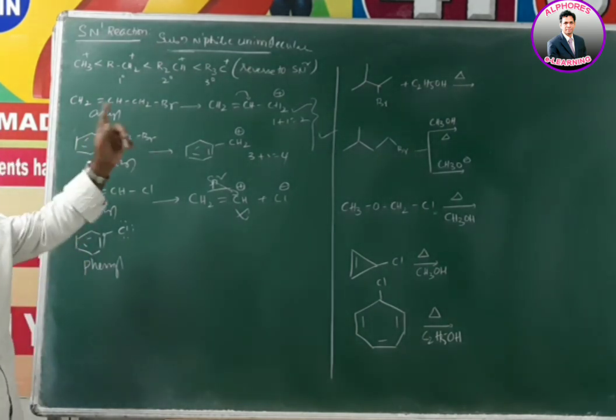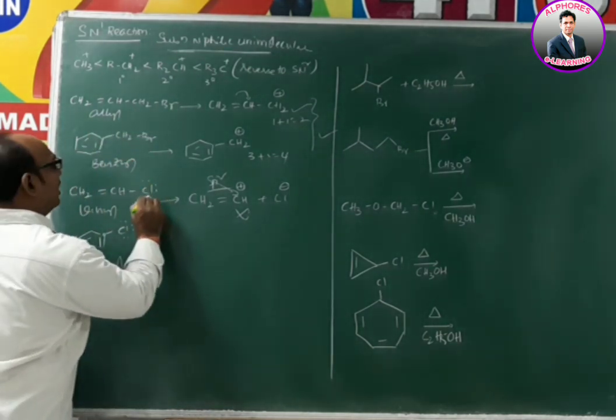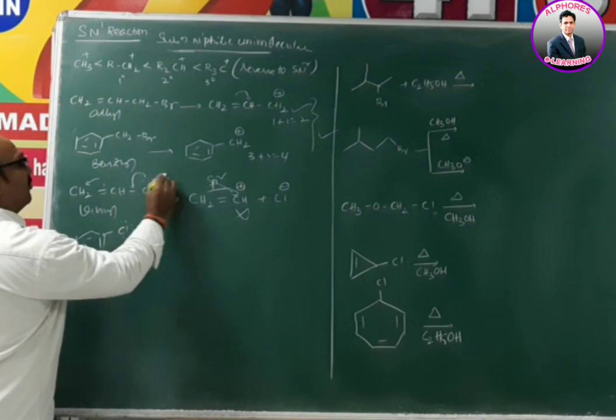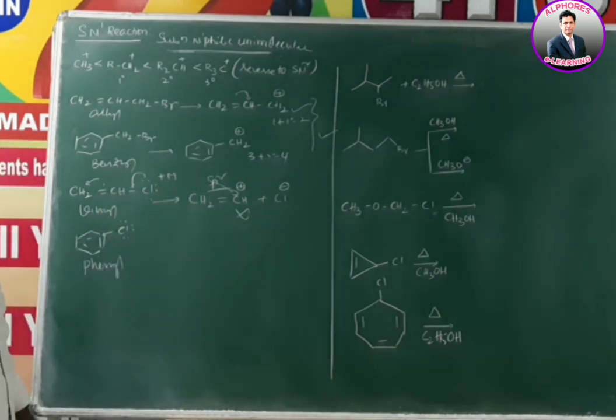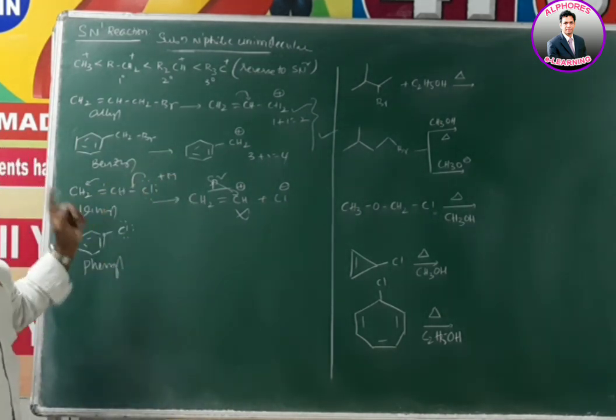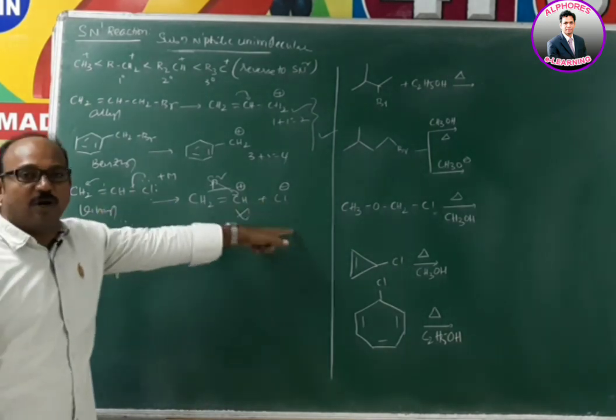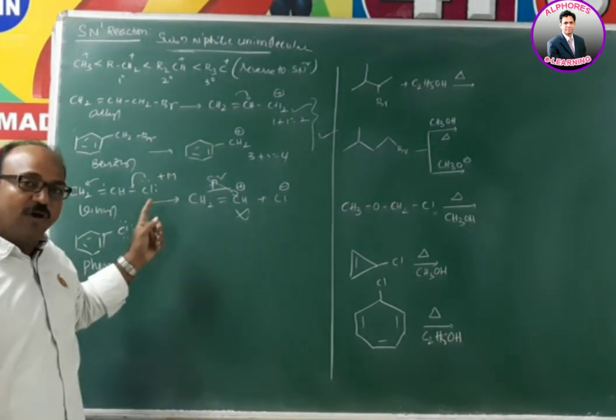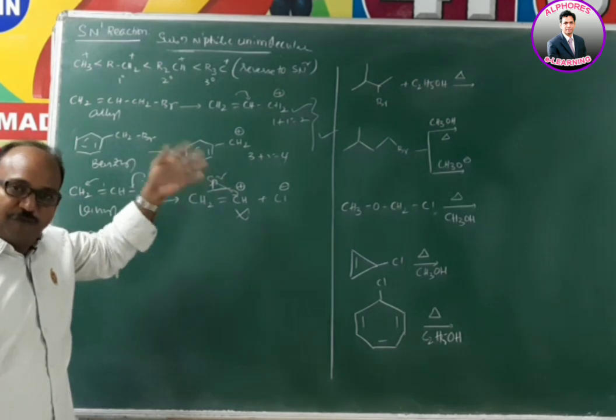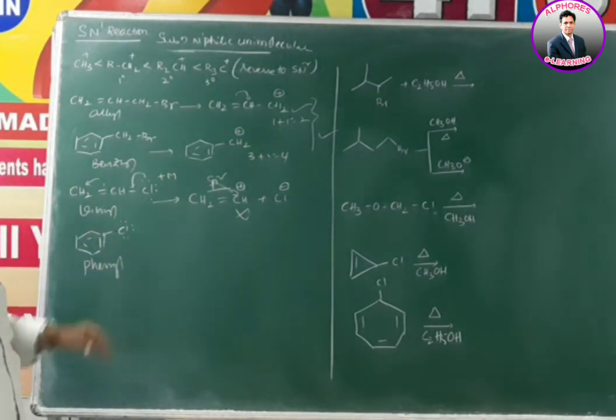That also we discussed in the previous session. The C-Cl bond adopts double bond character because of the plus M effect of chlorine. That's why the C-Cl bond is not going to break. And even if the carbocation is formed anyway, that carbocation is also unstable.